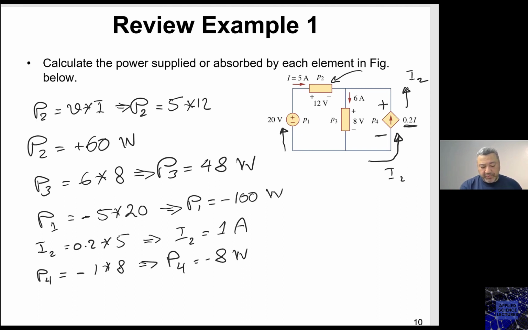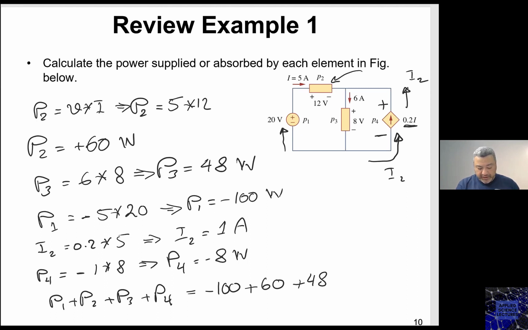Now, if you add the supplied with the absorbed, you should be getting a total power of 0. So here, calculate the power supplied or absorbed for each component. Now, if you add P1 plus P2 plus P3 plus P4, we have here P1 is minus 100, P2 is plus 60, P3 is plus 48, and P4 is minus 8.